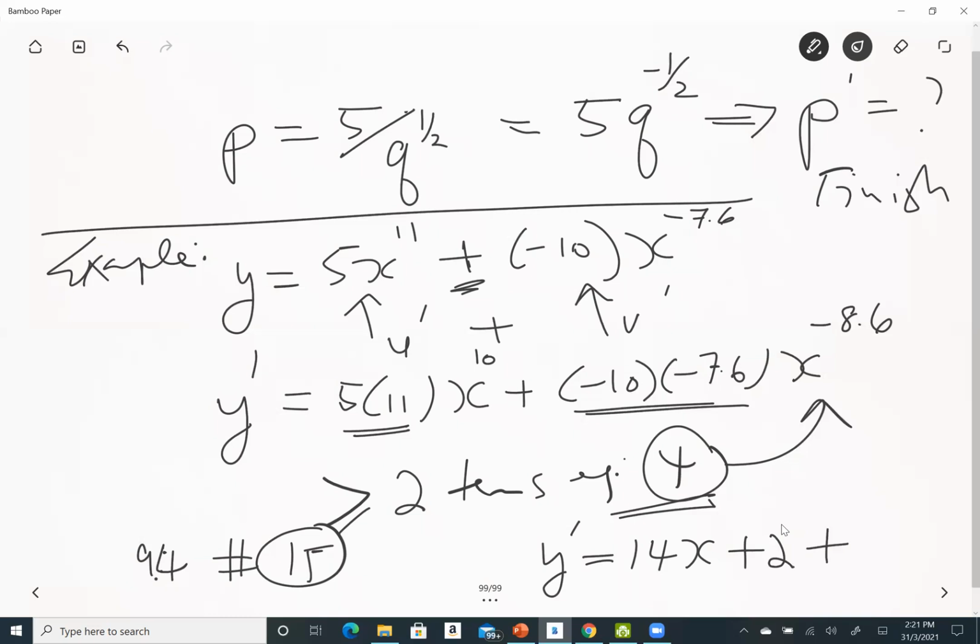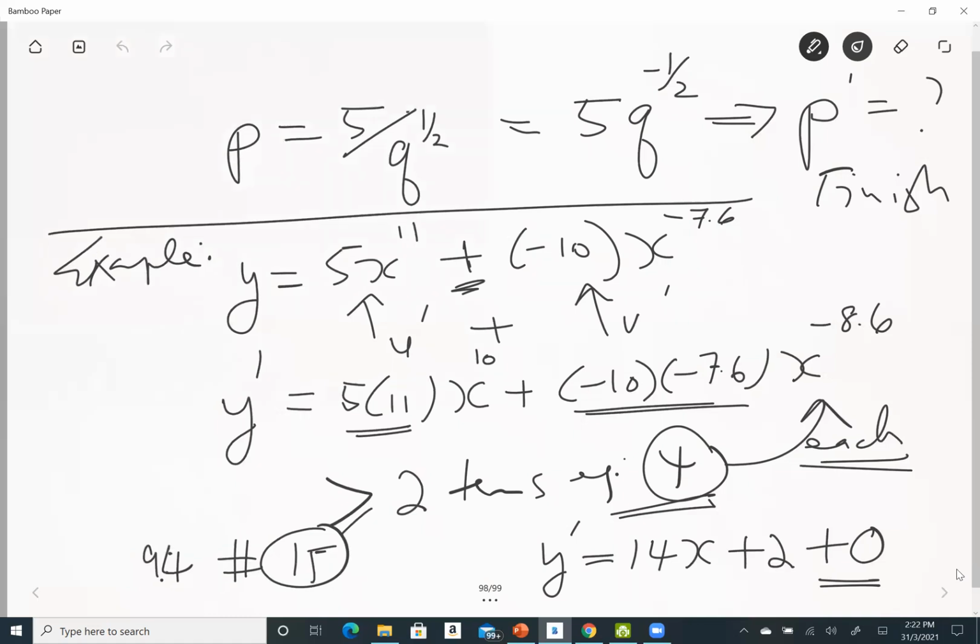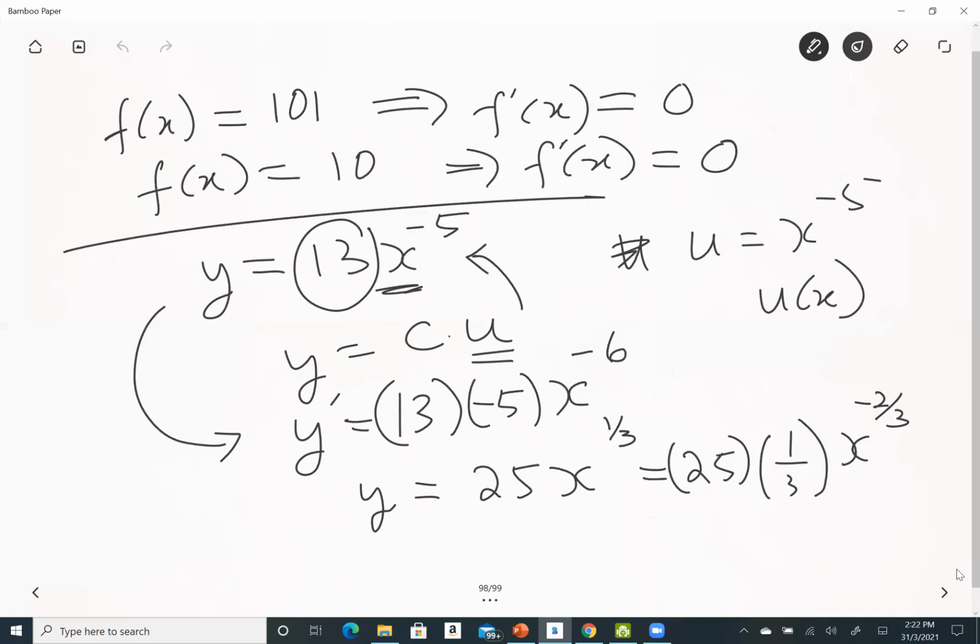And then you have a constant 1, so that becomes 0. The 0 you don't need to write. This one is right. So the rule is you have to differentiate each of the terms. Sometimes it can be more than 2, even though the rule says u plus v, it is applicable for more than 2 terms. All right. Now that rule will also hold if you have a minus sign instead of a positive sign.